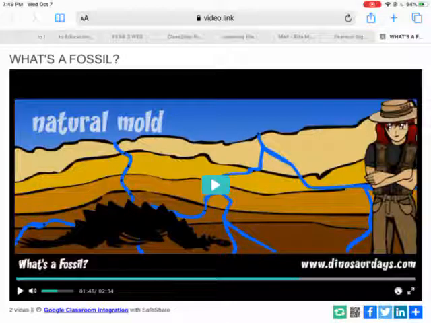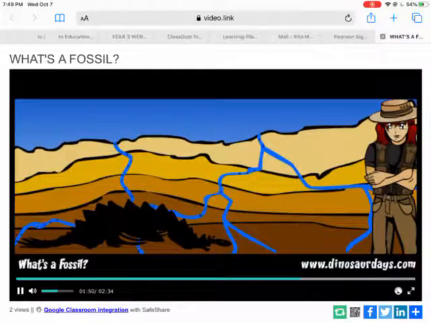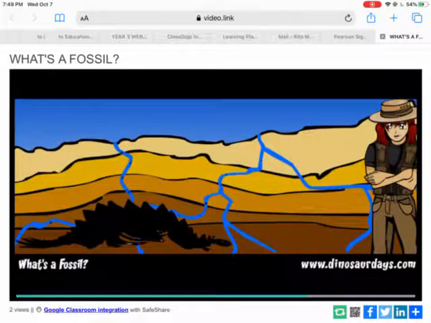So you can see the black outline that has been left behind, and then that starts to fill up with rock. So the natural mold of the dinosaur starts to fill with rock. You can see in the picture, it's starting to fill up with small little pieces of rocks. Over years, these tiny rock pieces fill the mold.